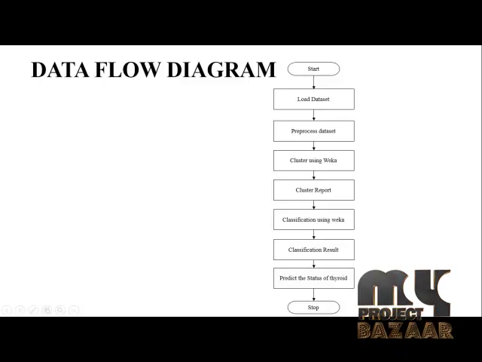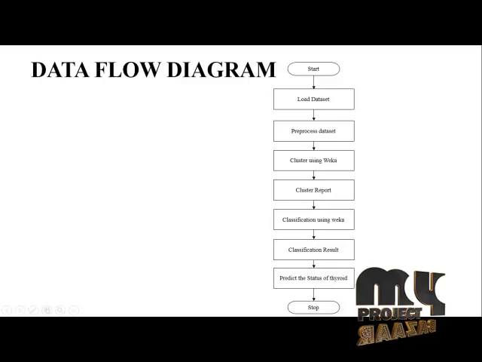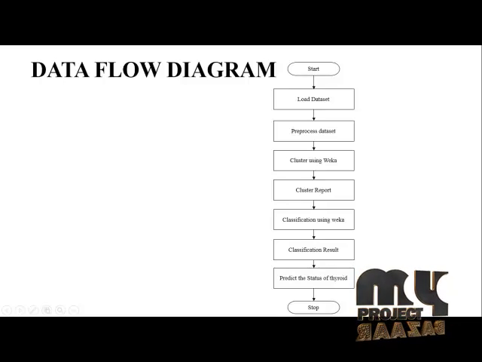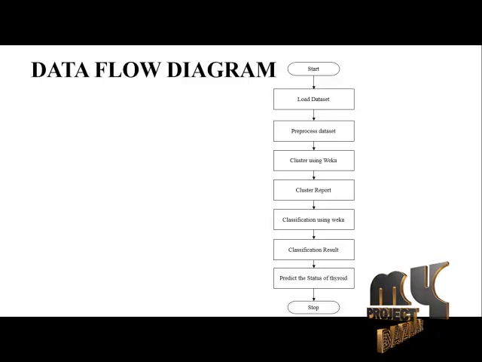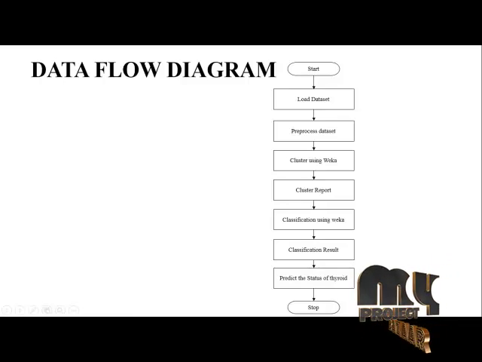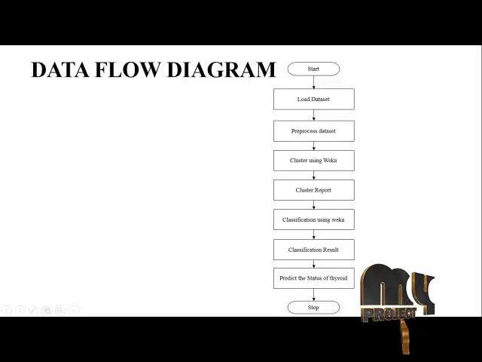And then after completing the clustering comes the classification using Vega 2. Vega 2 is used to classify the dataset, to predict the thyroid disease, whether it is found or not for individual records, and then we get the classification results.